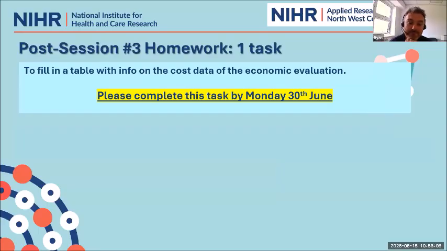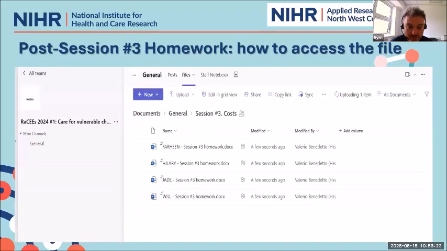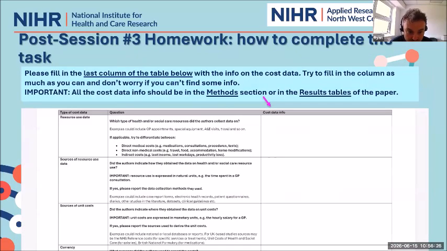Perfect. So then homework, yes. Valerio has done the usual. The date for the homework is to be done by the 30th of June. And then if Luís goes through the next slides, I think it shows where Valerio has uploaded a new folder onto the channel. So once you go into that, you should have individual sheets for everybody. And then the actual worksheet itself goes through what we're talking about relative to the piece of research you're looking at, your source.